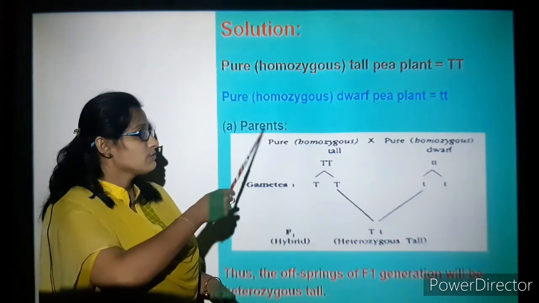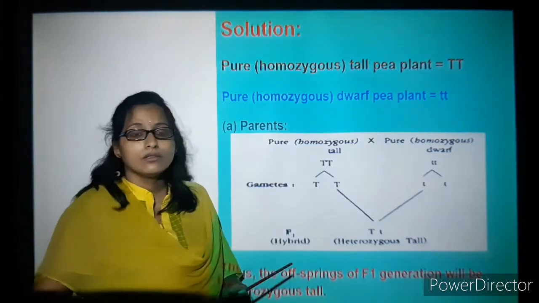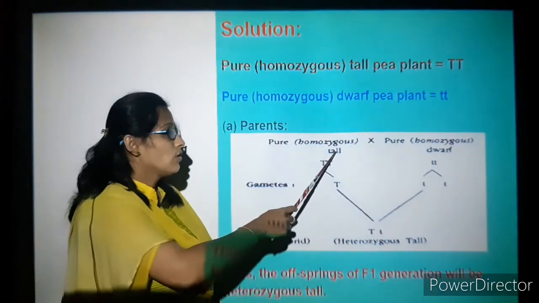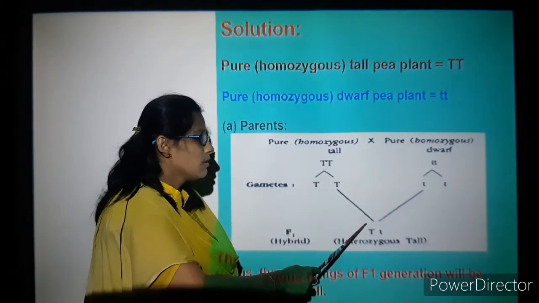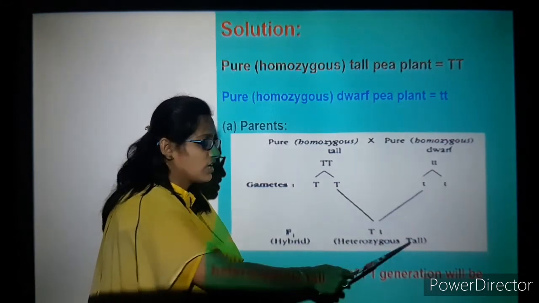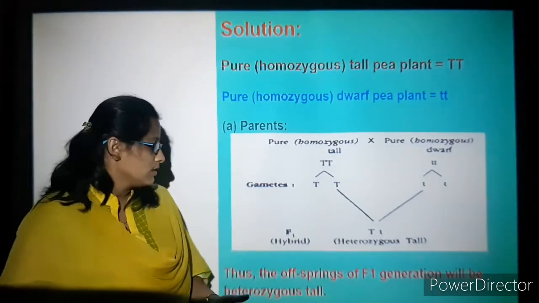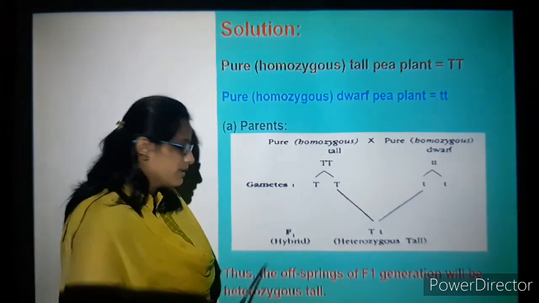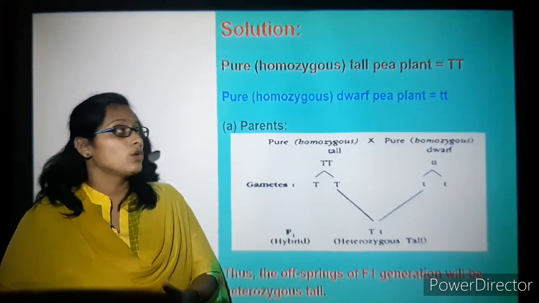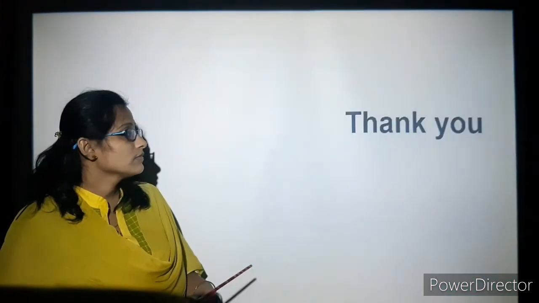Now we are going to cross the parents. You know how we are going to cross. So tallness with dwarfness, you will get one of the characteristics, that is big T and small t, heterozygous tall or hybrid plant. So the F1 offspring will be heterozygous tall.